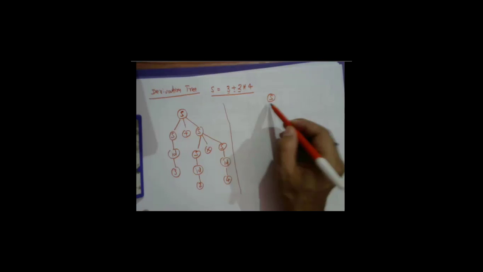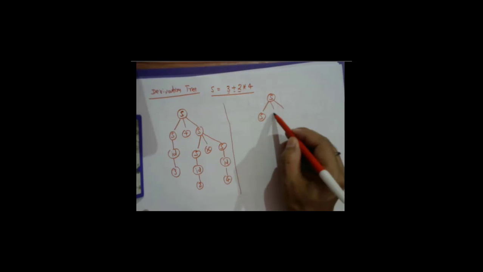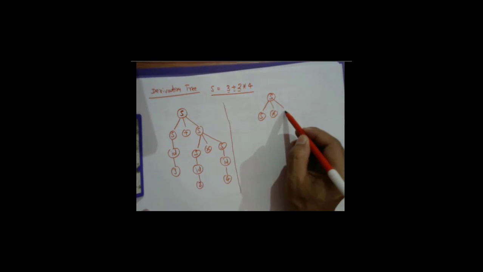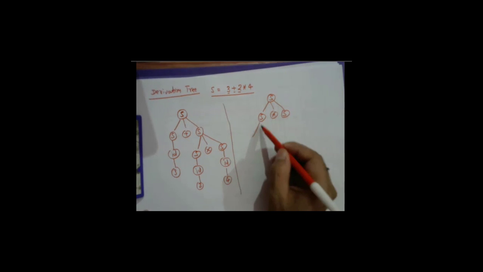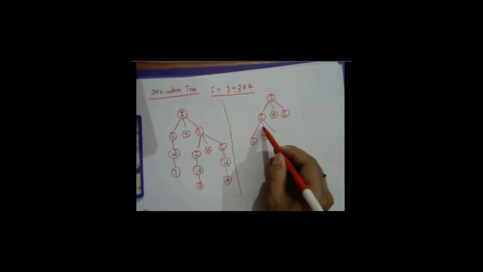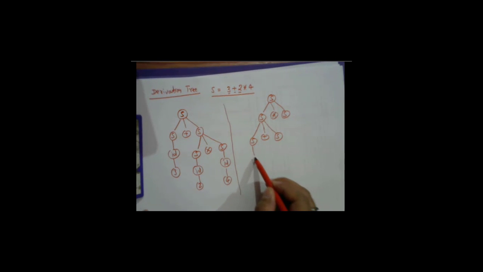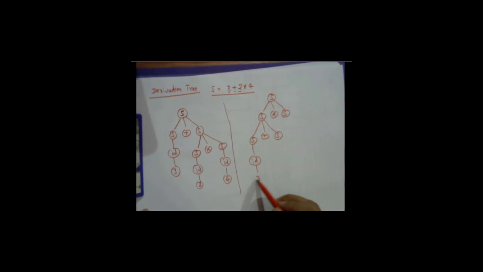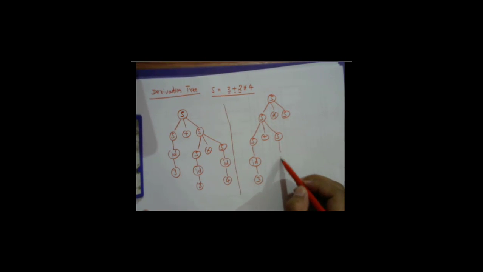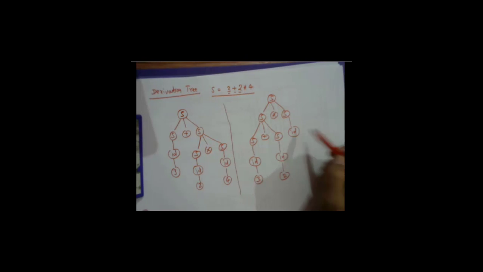S tends to S into S, like this. Again there is a parse tree for S into S plus S, and there is again ID, and again the leaf node 3, again ID, and again leaf node 4.